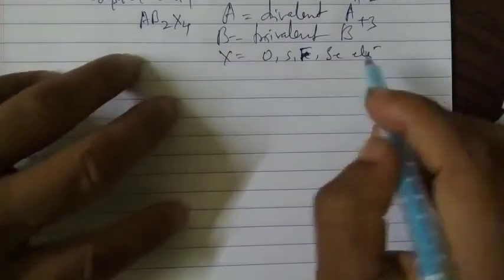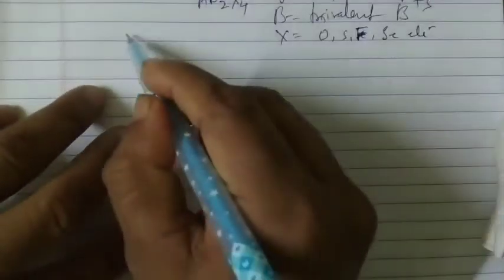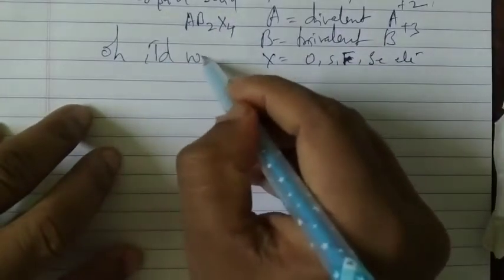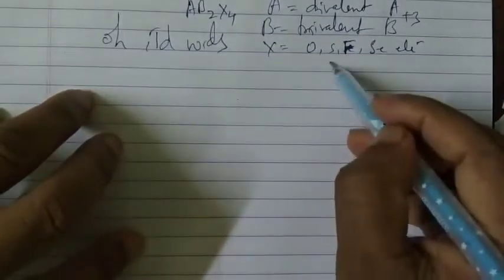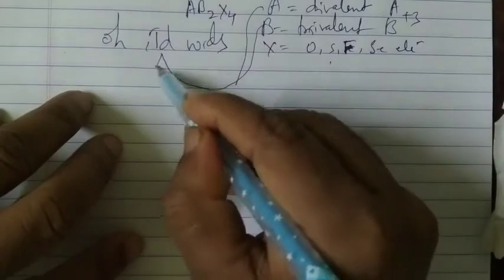In such a crystal solid there are two types of voids, octahedral voids and tetrahedral voids. This is nothing but fitting of these two cations into these voids.